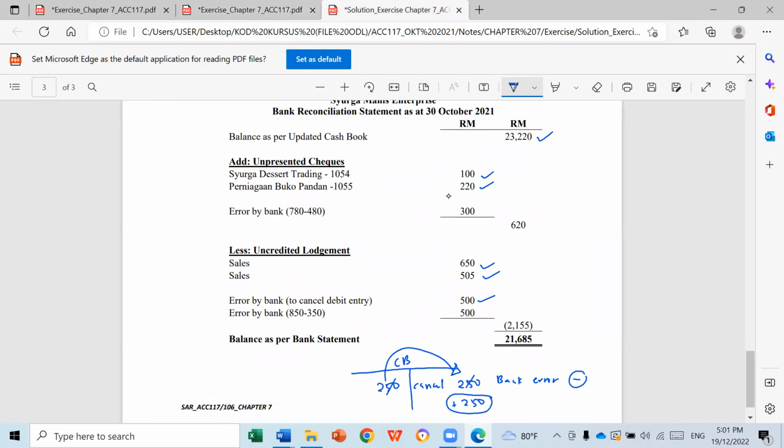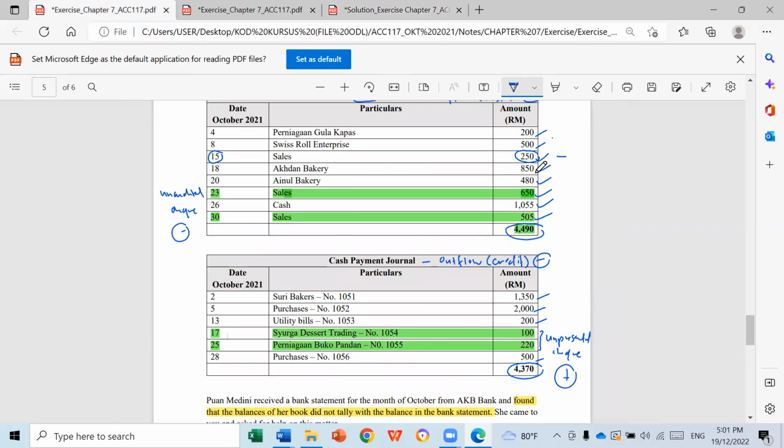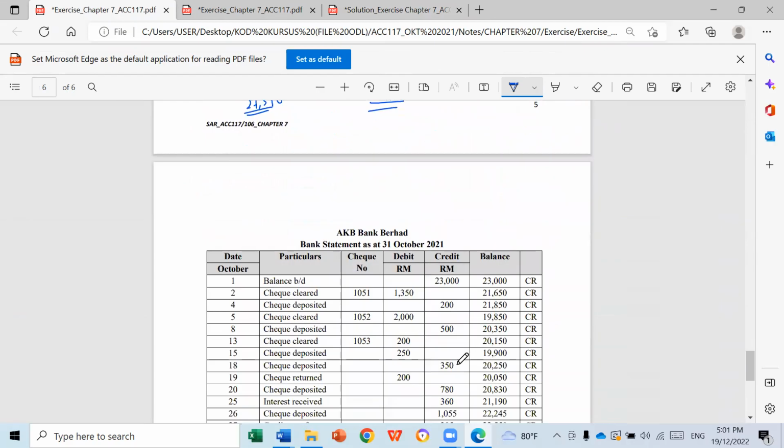The first one is error. This is referring to Ainul Bakery. And this is referring to the Afdan Bakery. Afdan from 850 become 350.